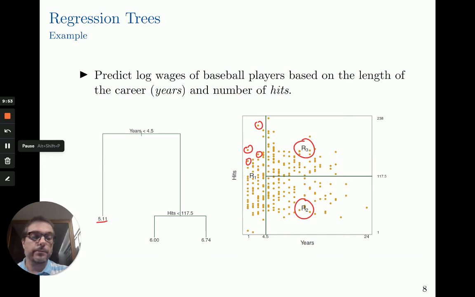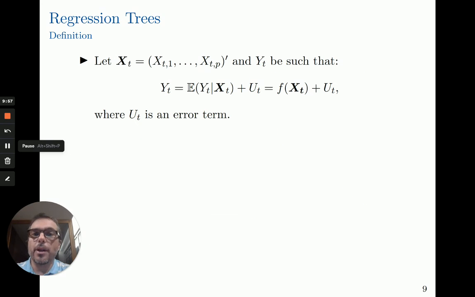Okay? So now let's make a more formal definition of a regression tree. Let's write our vector of explanatory variables as x_t.